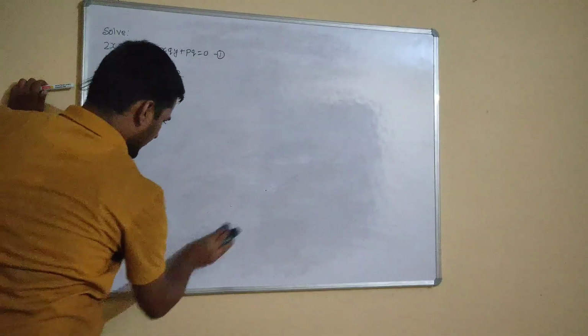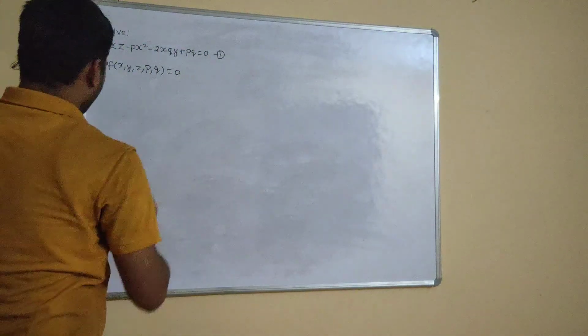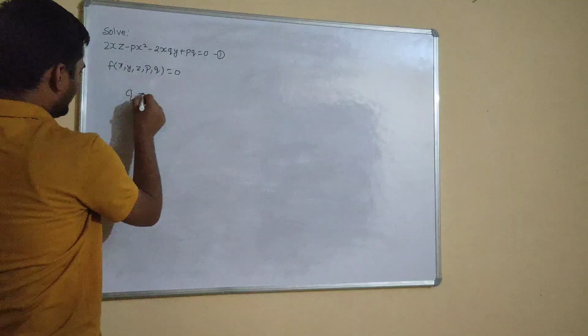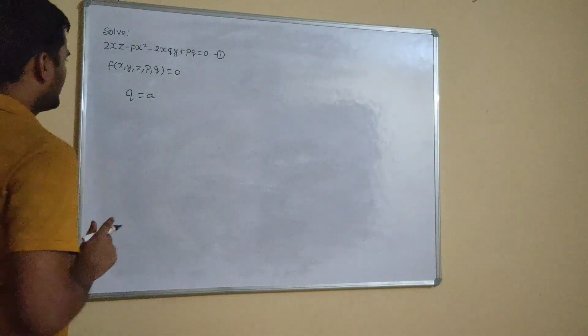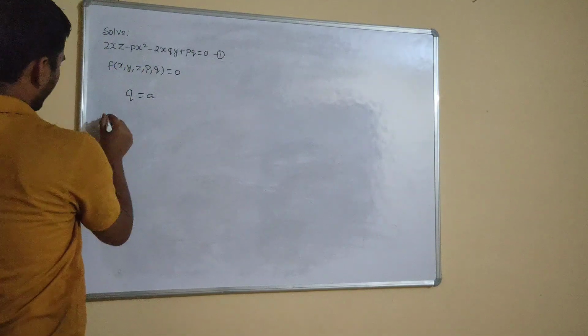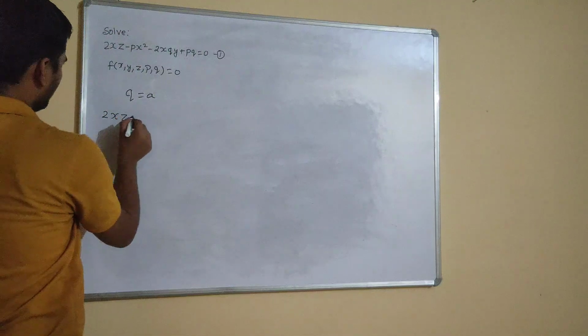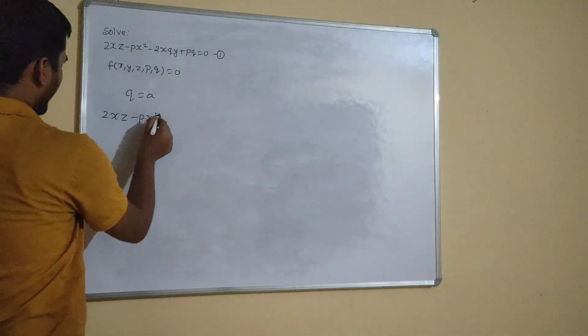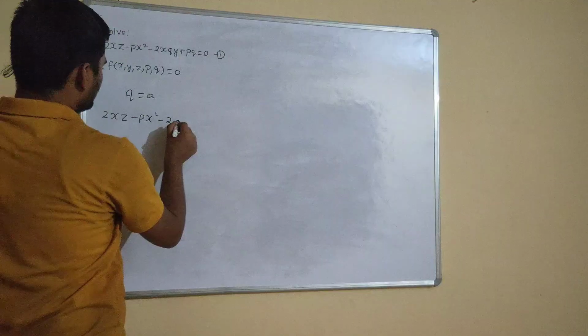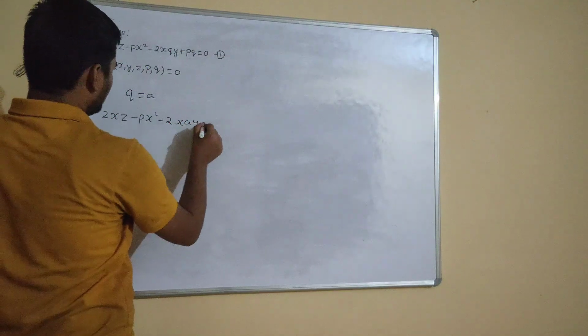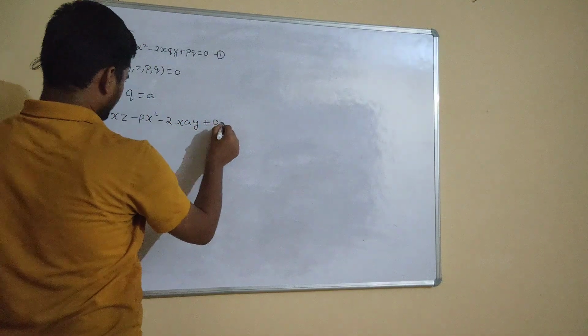Let me write that, q equals a. Now if I put q equals a here, I will get 2xz minus px square minus 2xay plus pa.